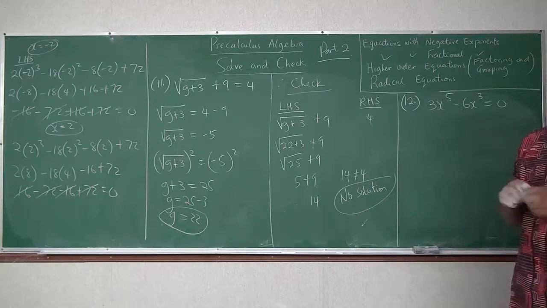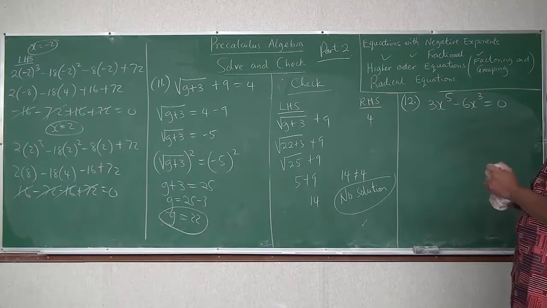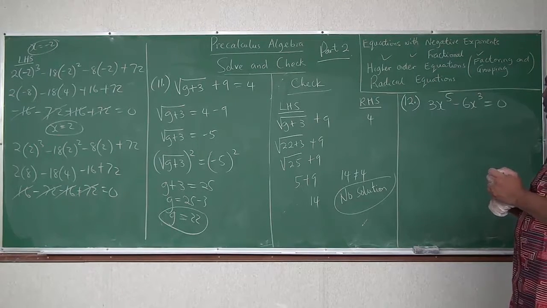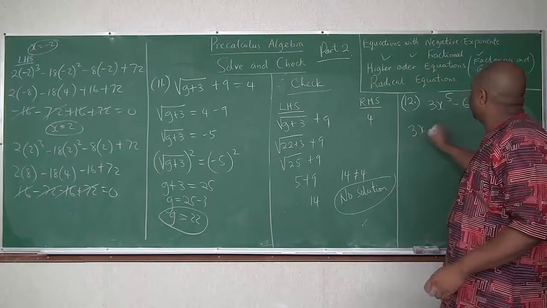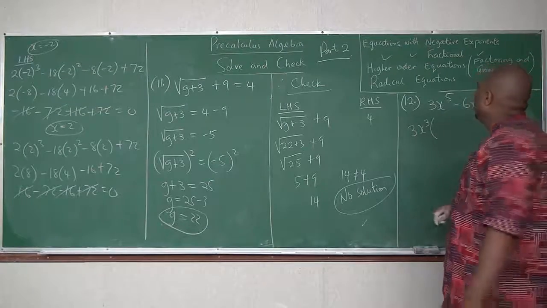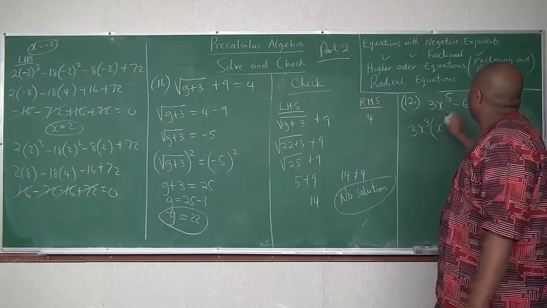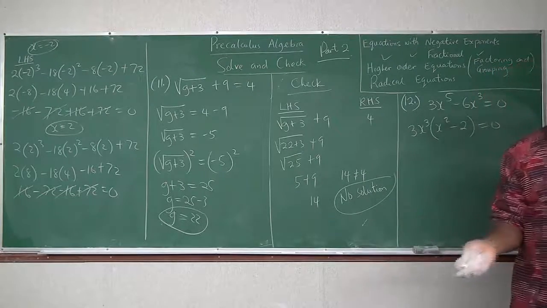Remember what I said, if you can factor by GCF, you do that first. This is a higher order equation. Now the GCF is 3x cubed. So here you have x squared minus 2 equal to 0. Are you with me?